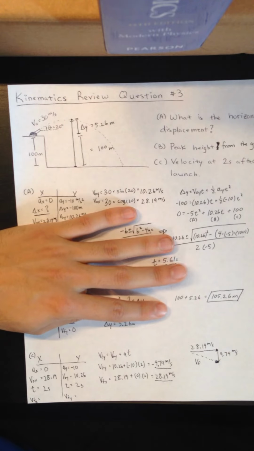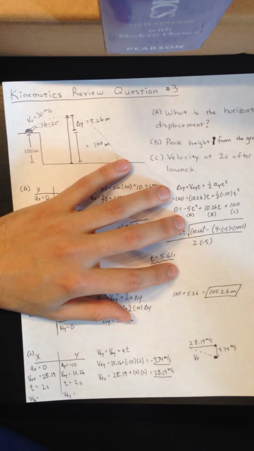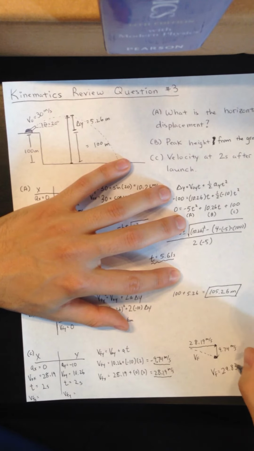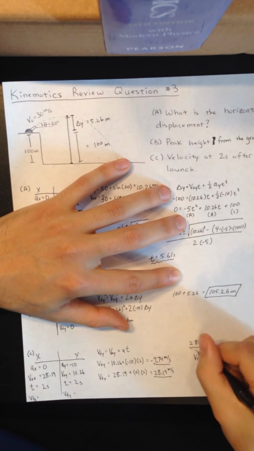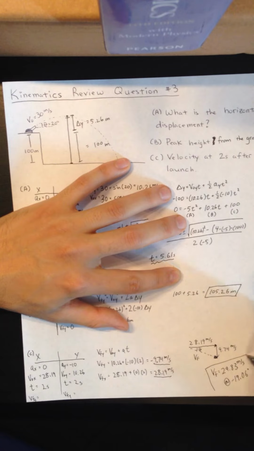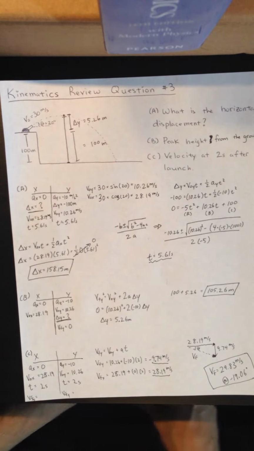We're going to use the Pythagorean theorem and our knowledge of trig to find that our final velocity is equal to 29.83 meters per second at, let's find this angle over here, negative 19.06 degrees. All right, and that's how you solve many of the projectile motion problems. Thank you.